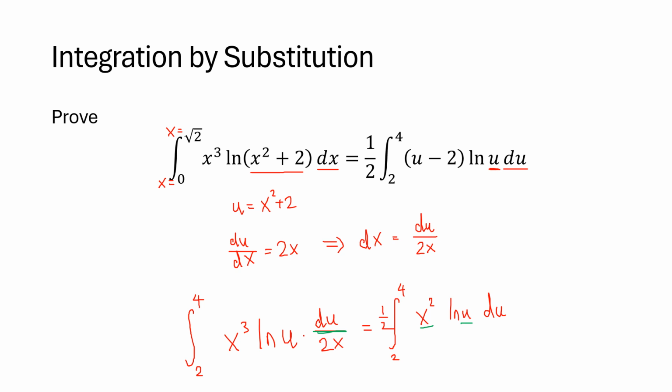So let's think how we can rewrite this expression x squared in terms of u. Well, that's rather simple, because we could define x squared as just u minus 2. And therefore, let's put that in.